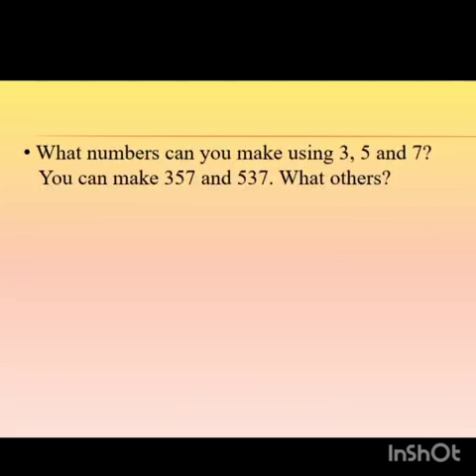Come to the next topic. What numbers can you make using 3, 5 and 7? You can make 357 and 537. What others? Well, the other numbers that you can make using 3, 5 and 7 by keeping one of the numbers fixed at the beginning are 375.